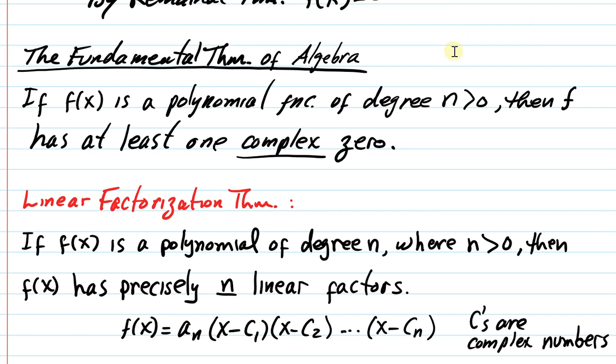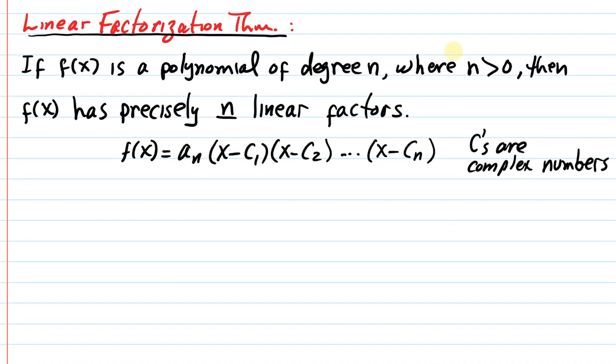And here I have the linear factorization theorem listed for you. I will prove this theorem for you in just a few moments. The linear factorization theorem reads: if a polynomial function of at least first degree, of degree n, not a constant but at least a linear function, then the polynomial function has precisely n linear factors.